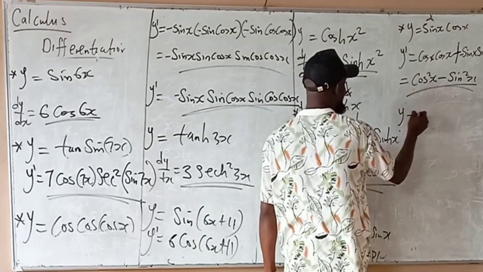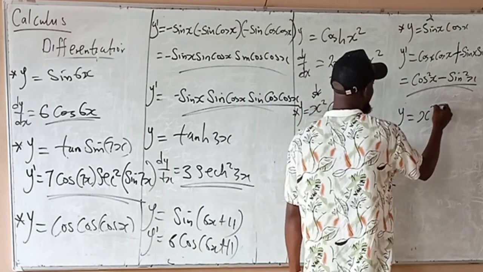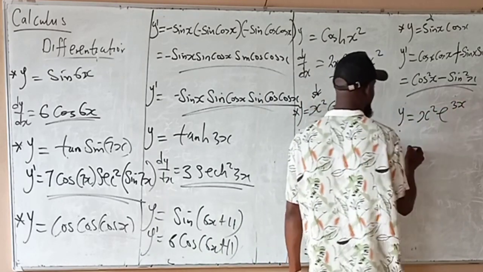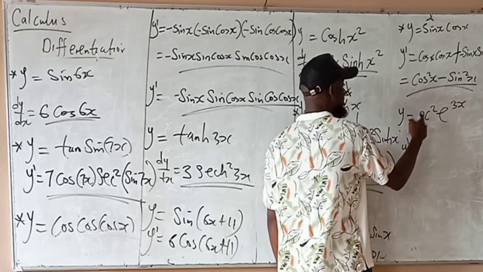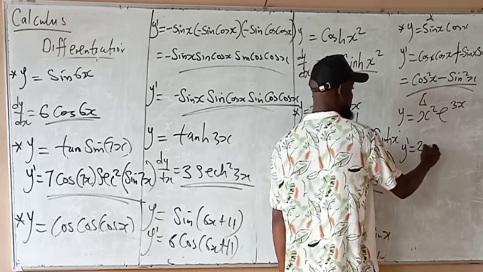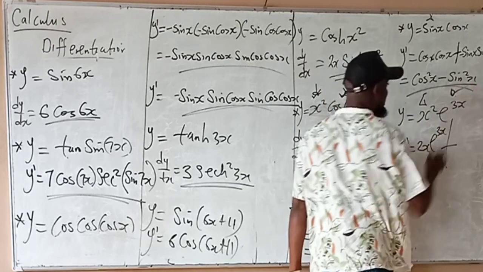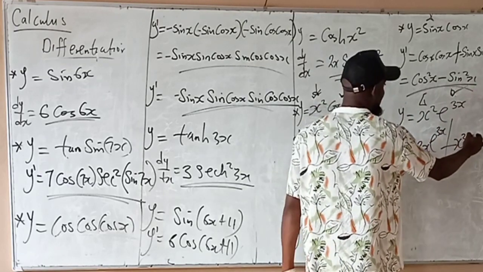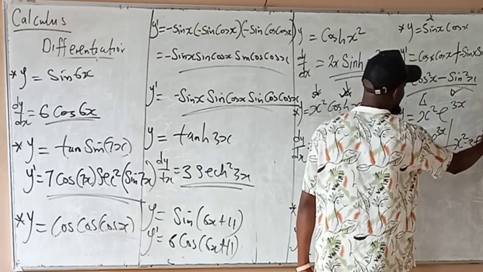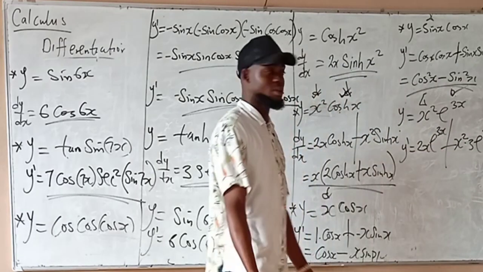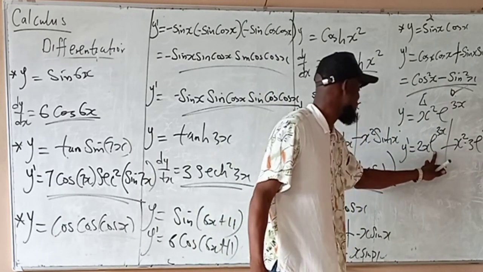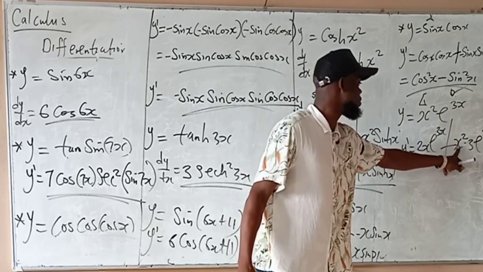Let me look at more. Let's see, we have y is equal to x squared e to the power 3x. What is the y prime? Y prime will be, differentiate the first one, we have 2x, then leave the second one, plus, differentiate the second one and leave the first one. We have x squared, then differentiate the second one, 3 e to the 3x. So now you check, what is common between them? We have x, we have 2x here.